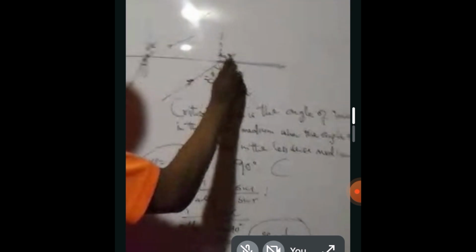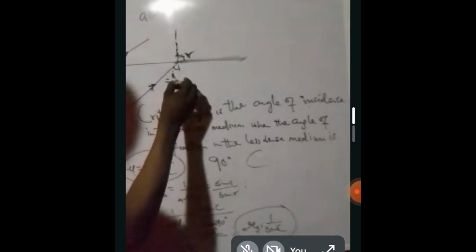So, this is the angle of refraction. It is 90 degrees here. So now, if I take this and make the angle of incidence bigger than the critical angle... When it's actually the critical angle, the angle of refraction becomes 90 degrees. What if I make it bigger than the critical angle? If I make it an angle that is bigger than the critical angle, definitely I should get something that is coming back.